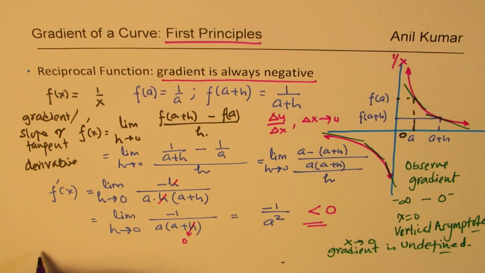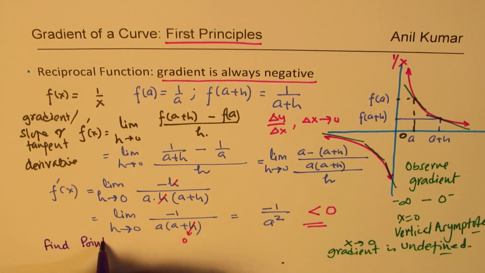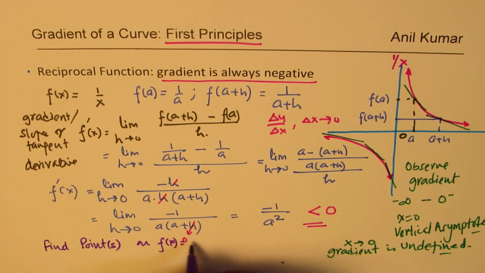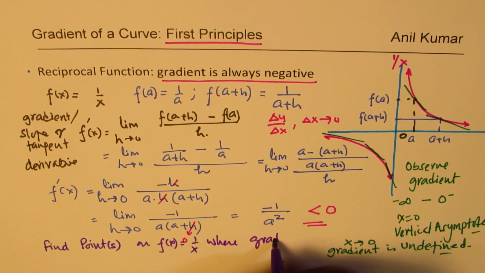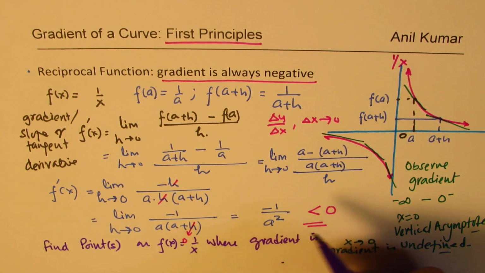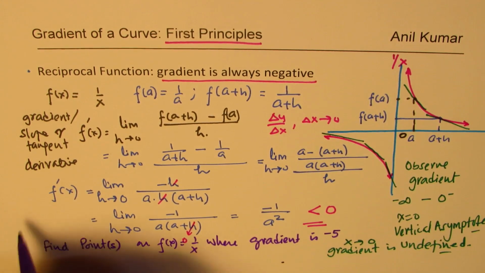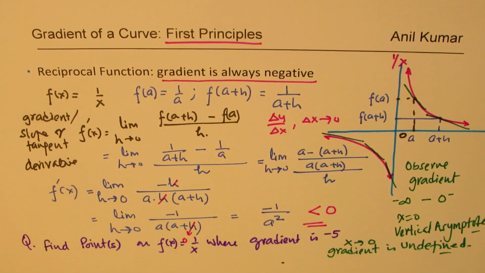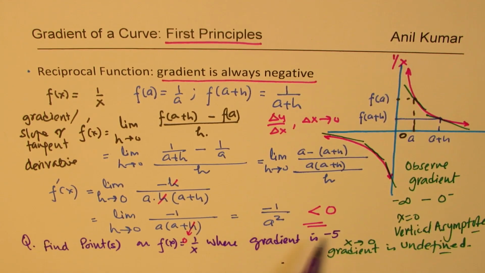And we can say, find the point or points on f of x equals 1 over x where the gradient is, since it is negative, we have to take a negative value, negative 5, right? So let this be a question for you. That could be a very interesting test question for you. We do have an expression for it, and then you can find a point very easily, right?